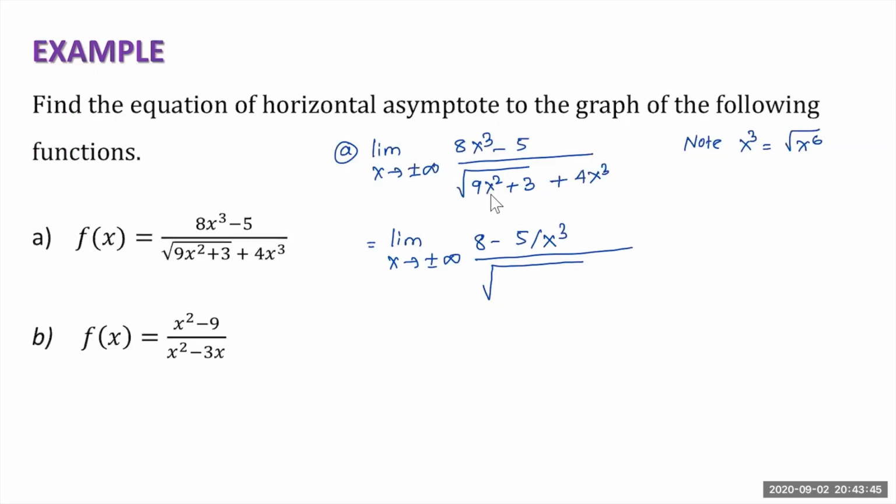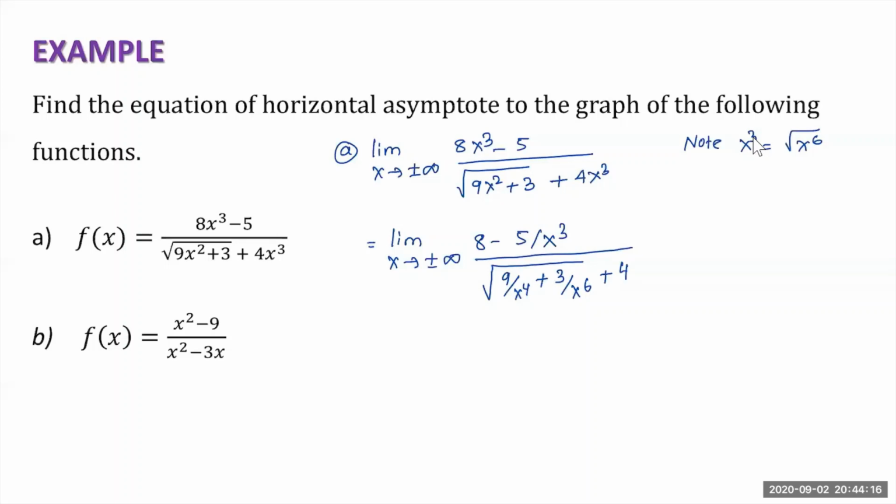So 9x squared divided by x to the 6 is 9 over x to the 4, plus this 3 is also inside the square root, so it will be 3 over x to the 6. Then plus, this is outside the square root, so you divide by x cubed: 4x cubed over x cubed is 4.